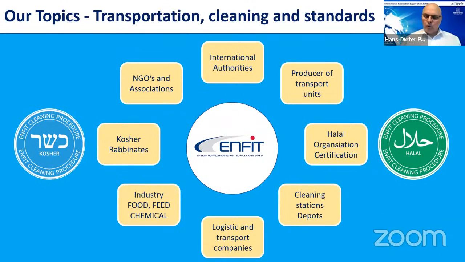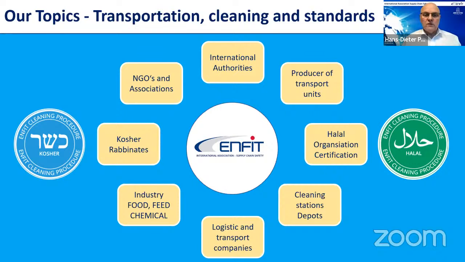That means, on one hand, we are talking about international and national authorities. We are talking about other NGOs and other associations. We are talking about producers of transport units, and organizations dealing with kosher or halal requirements.